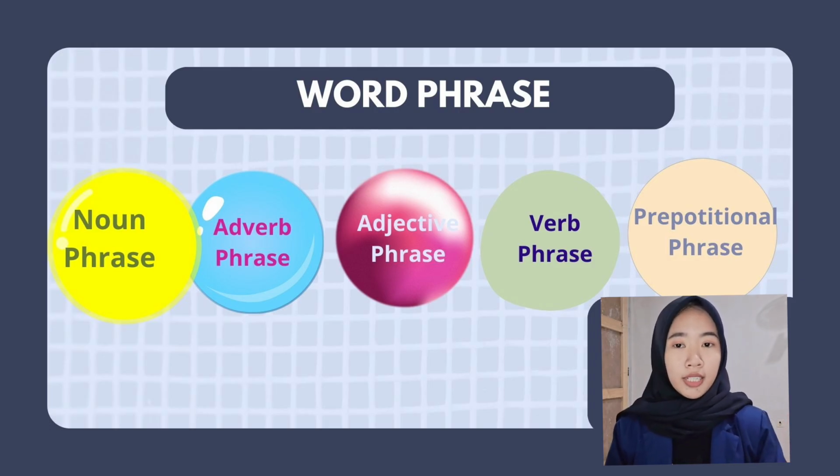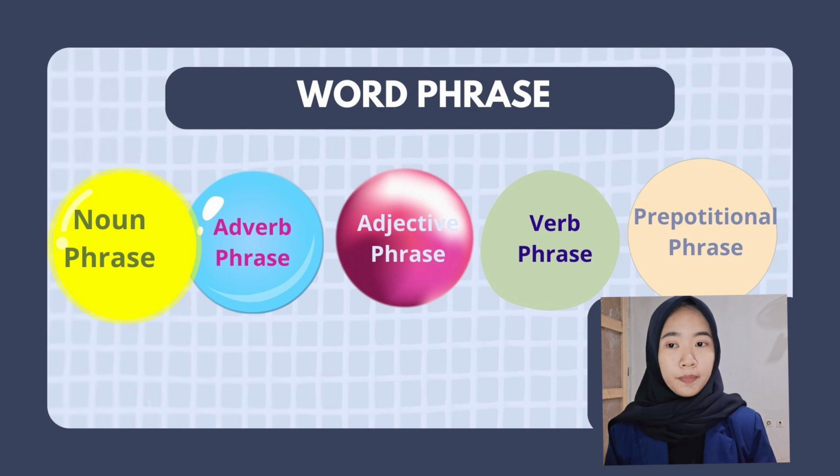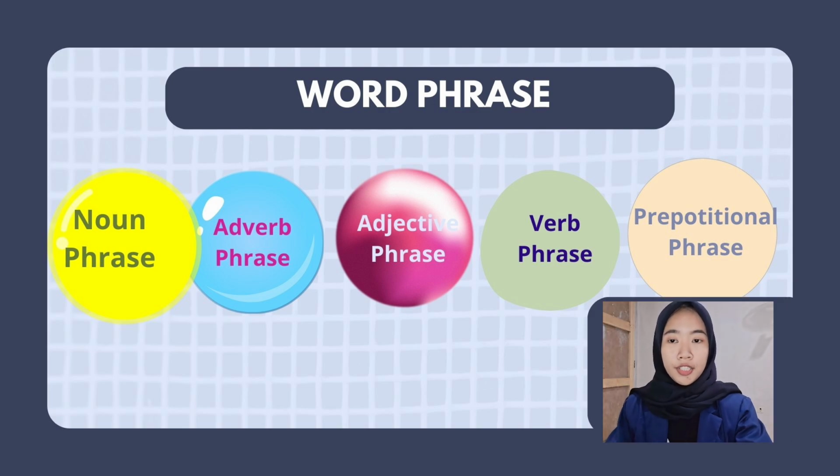The first is a noun phrase, which is a group of words centered on a noun. The second is a verb phrase, which is a group of words centered on a verb. The third is an adjective phrase, which is a group of words that describe a noun or pronoun.